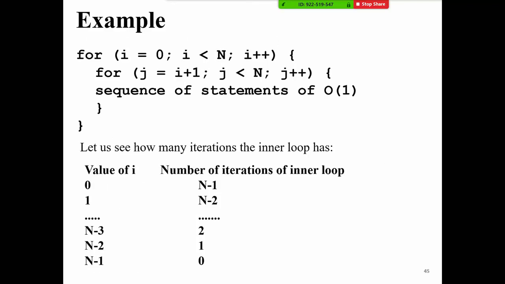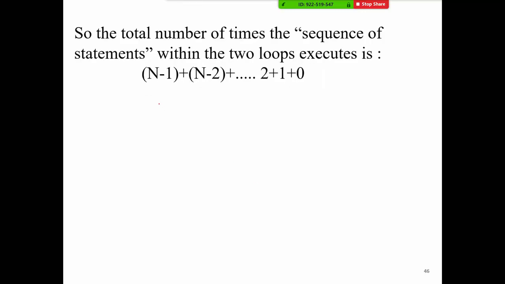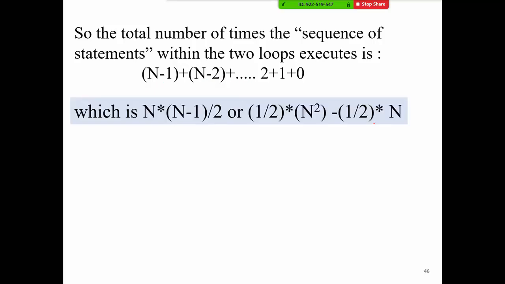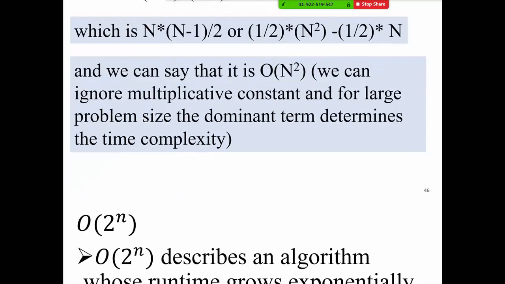And these are also quadratic time complexity. Even if the index i here controls the inner loop, so you start from j equal to i plus 1 up to n, it is still running as n minus 1 plus n minus 2 plus up to 0, and this will also give you quadratic time complexity.